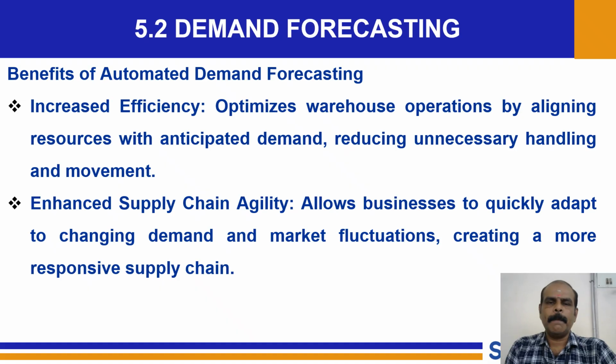Increased efficiency. Yes, as we know what things are going to come in the near future, we are ready to accept the change and ready to operate in a very effective way. Therefore efficiency is going to increase. Enhanced supply chain agility allows business to quickly adapt to changing demand and market fluctuation, creating a more responsive supply chain.